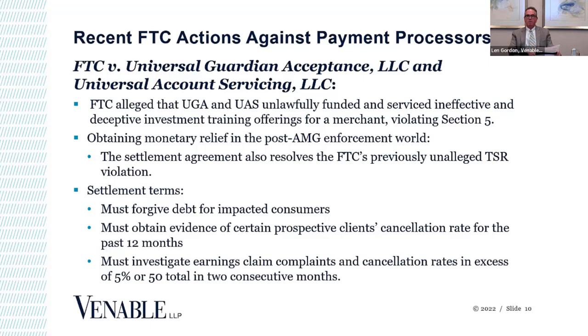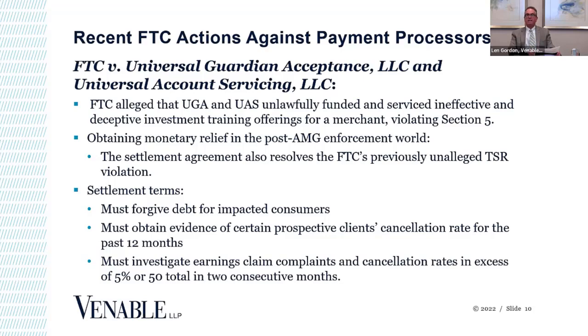Again, in this post-AMG world, the remedial approach that the FTC took was imaginative. It didn't order UGA to pay money to the FTC to give back directly to consumers. Instead, the settlement orders UGA to forgive debt for impacted consumers.